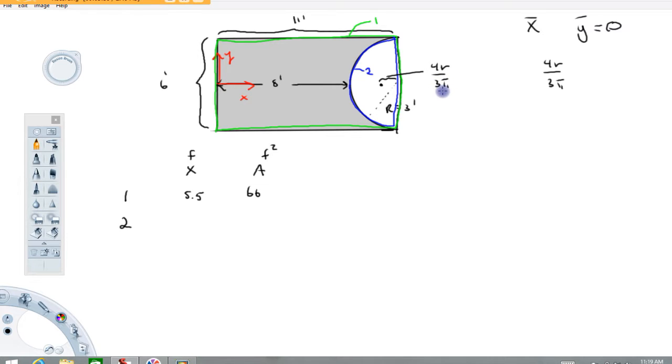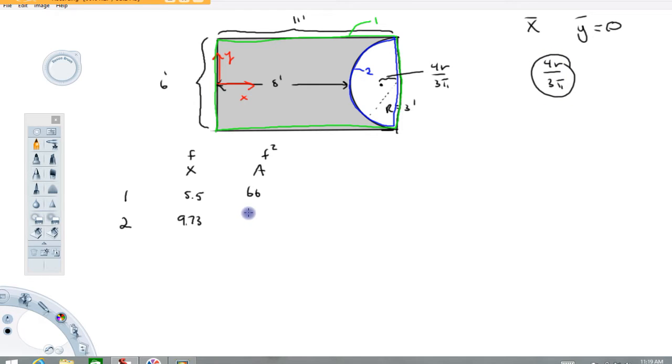In this example the radius is 3 feet, so that's basically 4 over pi, 1.27 feet. From here to here is 11 minus 1.27, so the x bar for our semicircle is 9.73 feet.